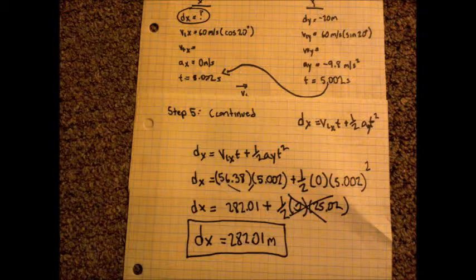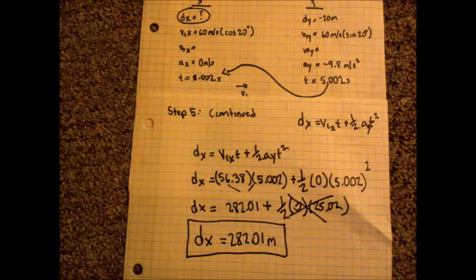As you can see, the little arrow I drew. And now that you have 3 pieces of information for the x side, you can solve for dx. The equation you use to solve for dx is dx equals VIX times t plus 1/2 AY t squared, and you just plug in your values.